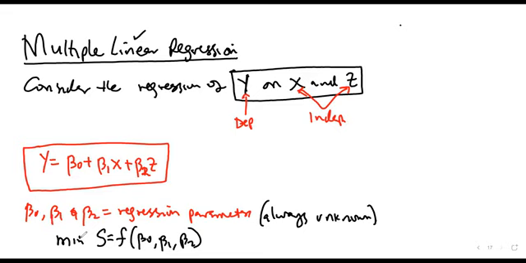For us to minimize this, it is a function with three unknowns, beta naught, beta 1, and beta 2. Meaning that when you have two independent variables, you have three unknowns, and thus you're going to have three normal equations. And these are the normal equations.